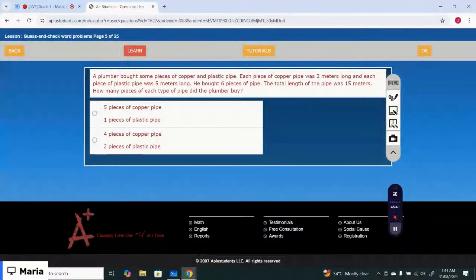How many pieces of each type of pipe did the plumber buy? So, which is the correct option?